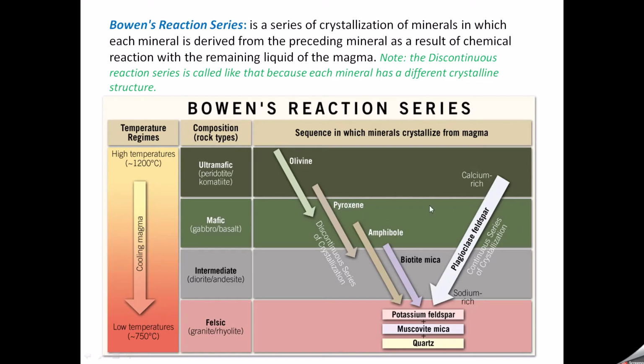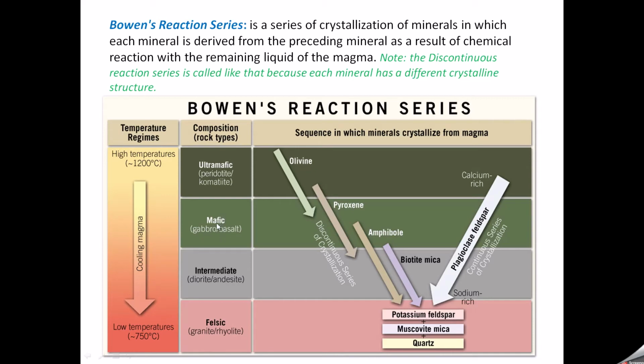So let's understand this figure here, Bowen's reaction series. We have temperature here, very high temperature, 1200 Celsius, and the lowest temperature, 750 degrees Celsius. Here we have rocks. Ultramafic rocks and their minerals crystallize at very high temperatures, which are peridotite and komatiite. And then mafic rocks, gabbro and basalt: gabbro, plutonic; basalt, volcanic.